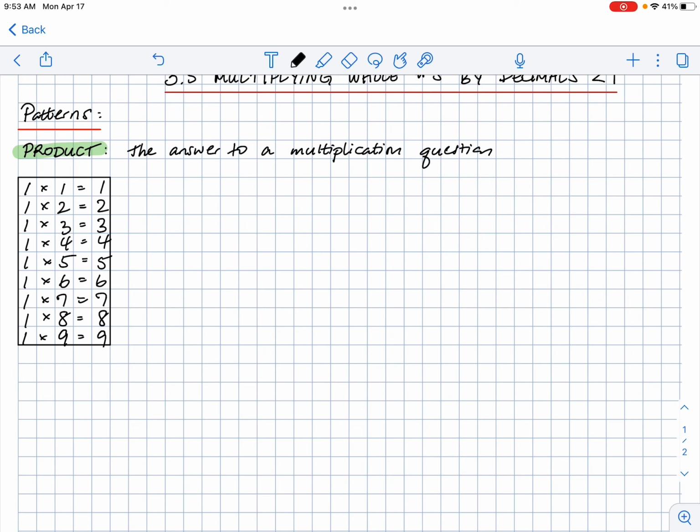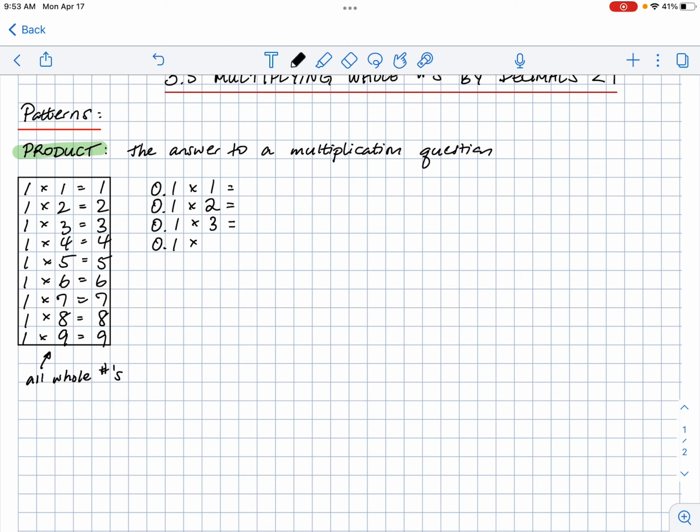The next column we're going to focus on, instead of multiplying by 1, we're going to multiply by 1/10. I'm just going to write down here, this is all whole numbers. So we're going to do 1/10, and I'm not going to write the answers out yet. I want you to think about what the answer will be for each of these equations.